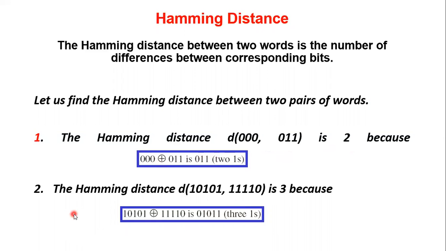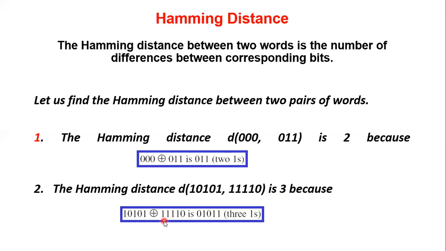Then let me see another example. The Hamming distance of x, y. Here x is 1, 0, 1, 0, 1, and y is 1, 1, 1, 1, 0. Here the Hamming distance is 3. How is it 3? 1, 0, 1, 0, 1 XOR 1, 1, 1, 1, 0.